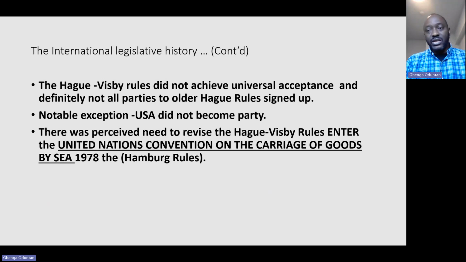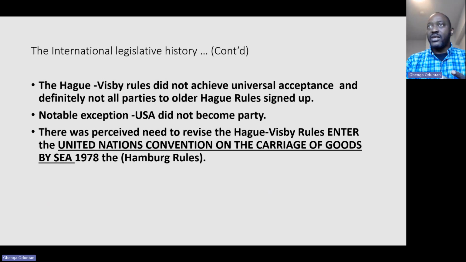So the original unity that belonged to the Hague rules was lost partially when the Hague-Visby amendment took place, and was lost further when we have the Hamburg rules. We now had 3 separate rules.